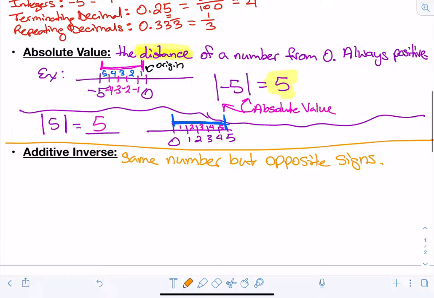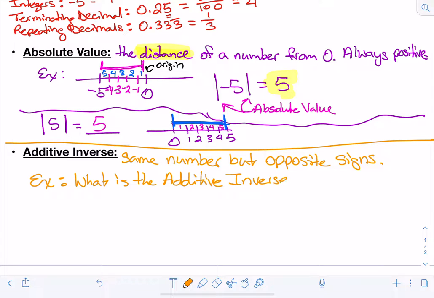So what do I mean? All right, let's look at an example. So if it says, what is the additive inverse of -4?